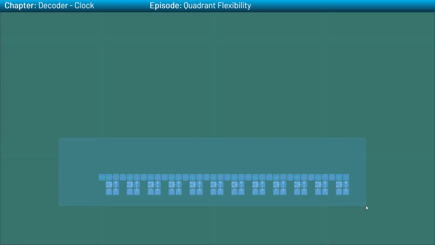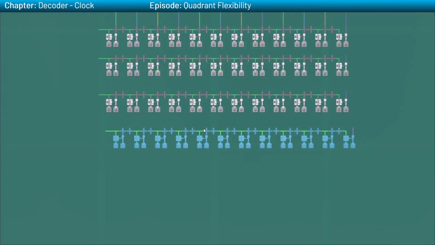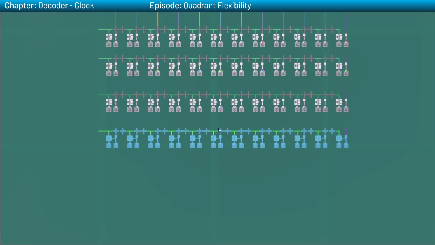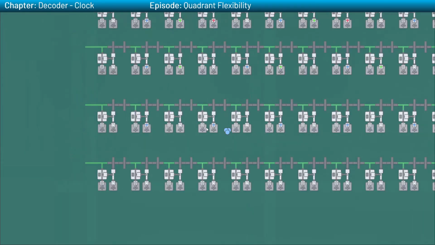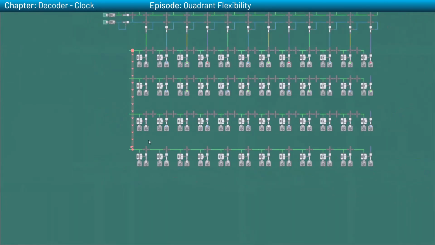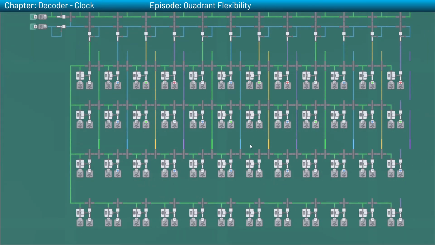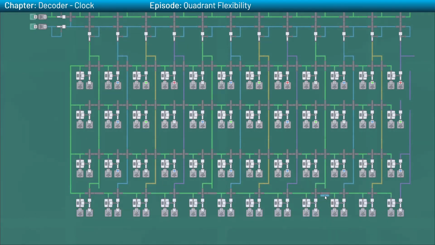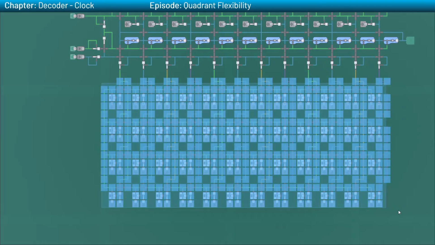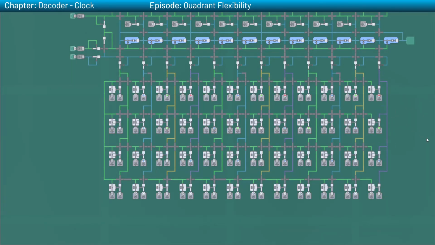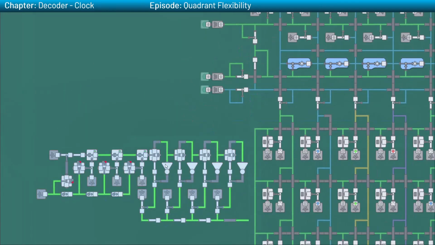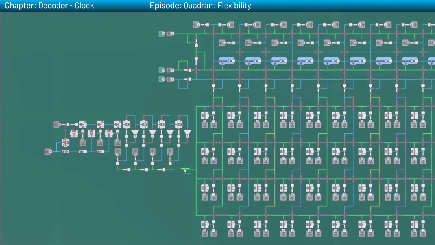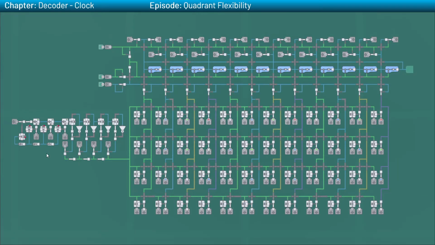And finally, a circle will equal 1 value 12 times. Now let's connect that all up. And there we have it. So a flexible clock with 12 memory cells that is now capable of loading up different sets of values.